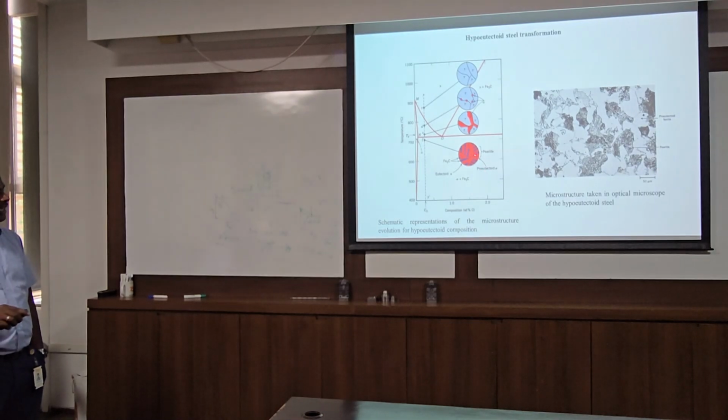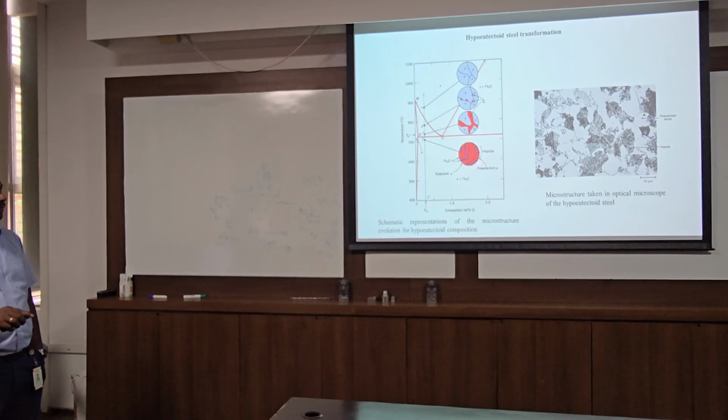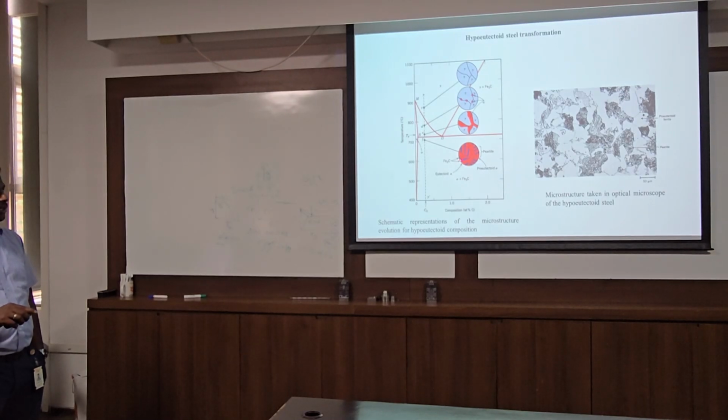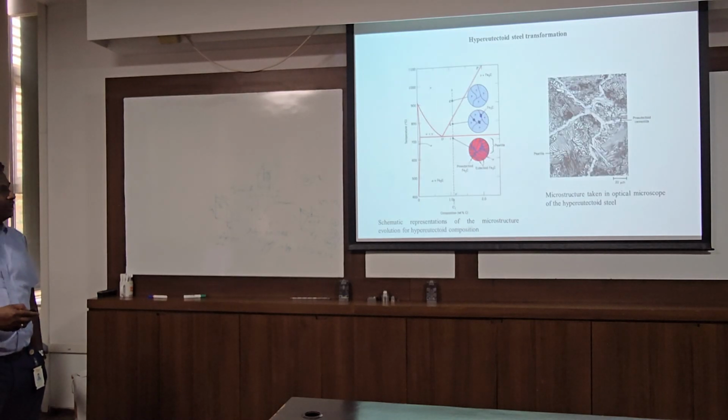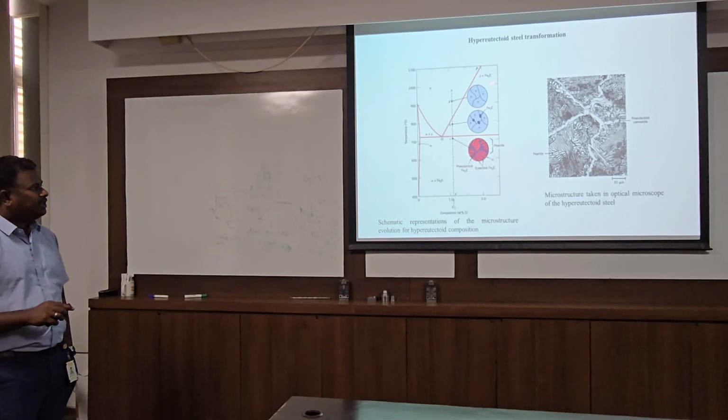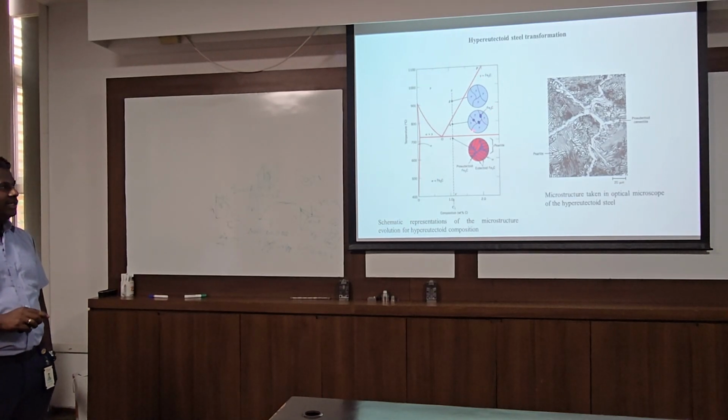So what you will get here, two different phases are there: initially transformed proeutectoid alpha and the eutectoid layers in that lamellar structure. These both are the same, but the way they form is different. Similarly, you can see here, this is hypoeutectoid, this is hypereutectoid. In hypereutectoid also you can see Fe₃C is formed and the same kind of story.